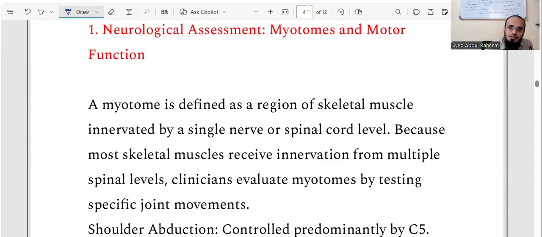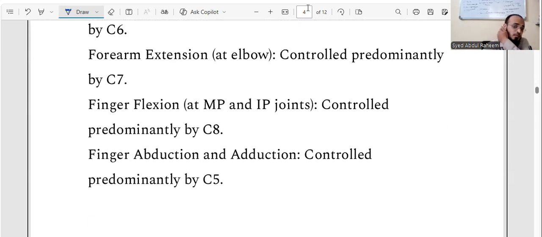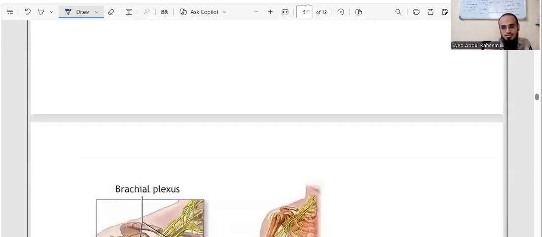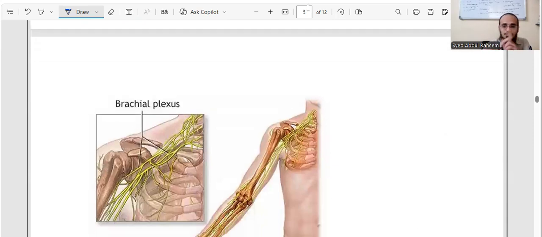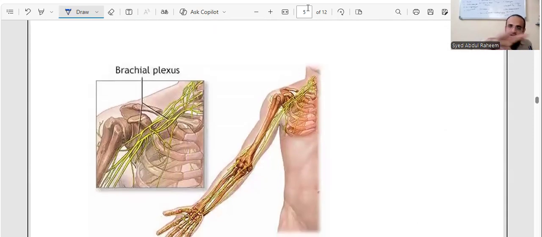Before that, you have to know that these nerves are coming and inserted in different areas like this. These are called nerves. We call this the brachial plexus. The nerves are coming from the cervical region and entering this area, the shoulder apex.